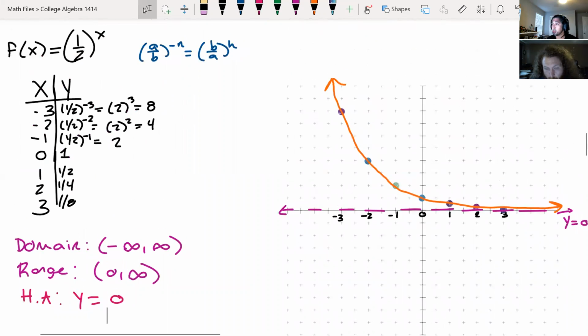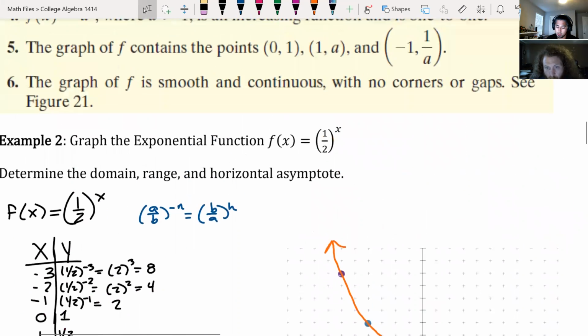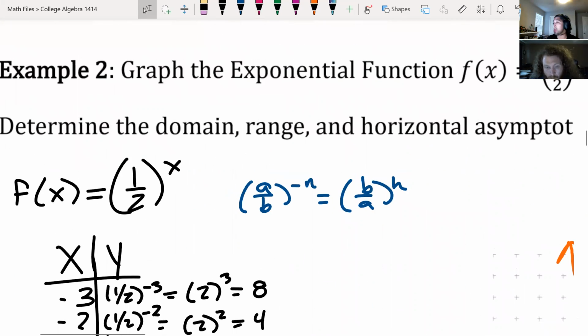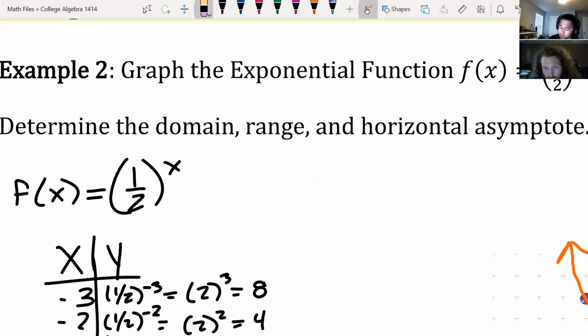All right, but before I go over there, what is another way you can rewrite this function? 1/2 to the x. And when I say rewrite it, I mean exponentially. Could you use your exponent rules?